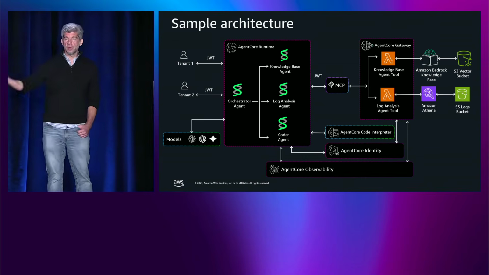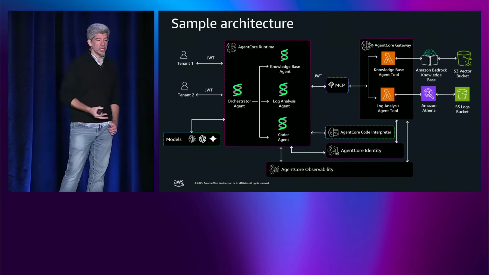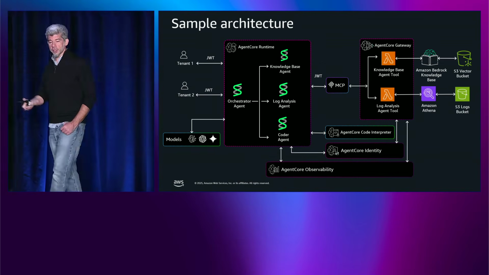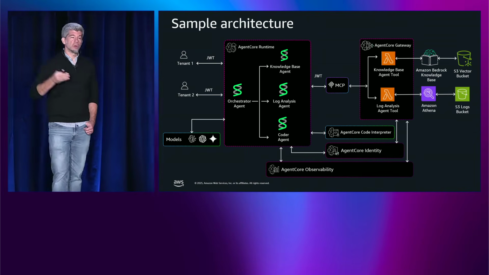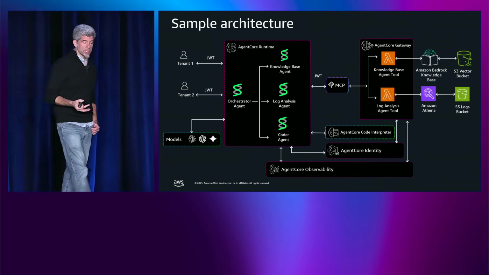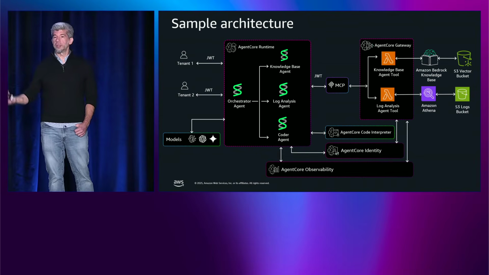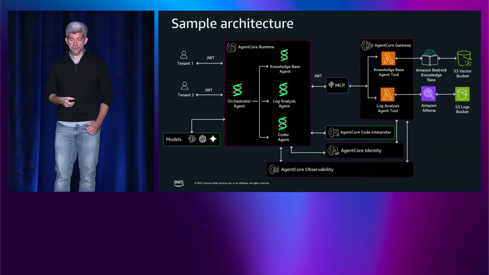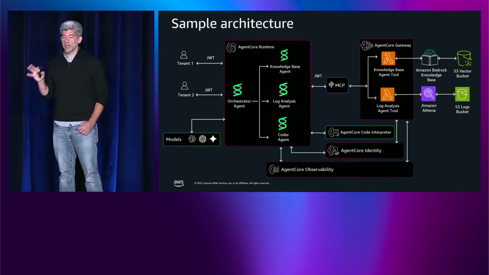It's going to be able to go to a knowledge base, look at our documentation, see how the code should operate. It's going to be able to go to our logs through Athena and S3 and examine our logs and see if it can find a reason the problem is happening. And it has a coder agent that perhaps can actually create code or review code as we want to roll fixes out. Around all of these, we have the tools that live in AgentCore Gateway.